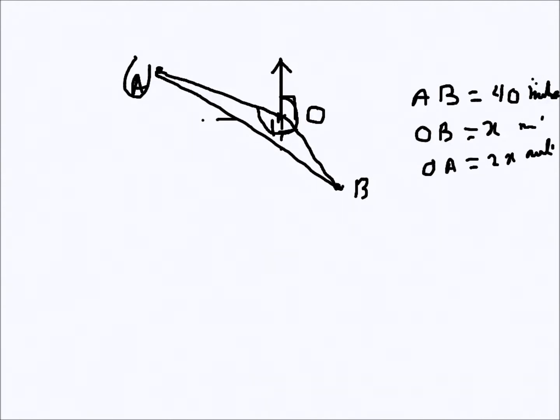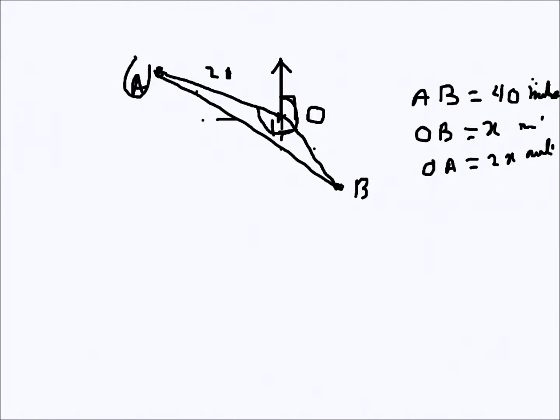So this is the position after 1 hour. If this has gone at a speed of x miles, it will go x miles, and OA will go 2x miles. And we have to find the speed of each of the ships.